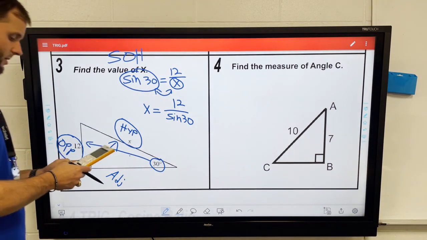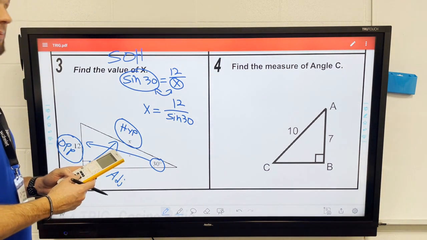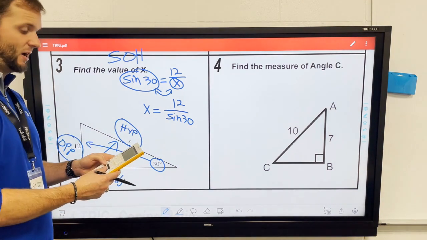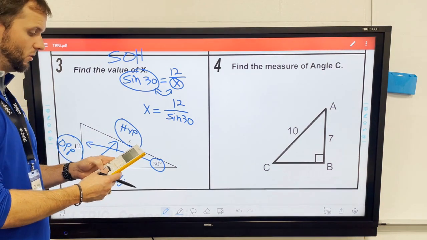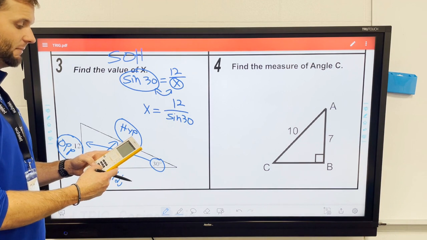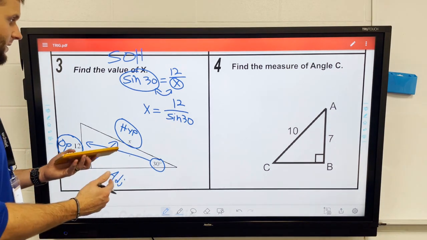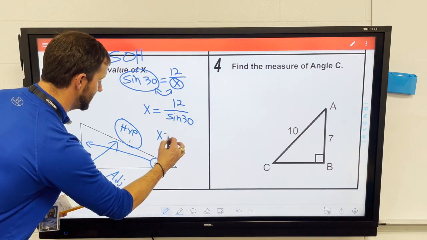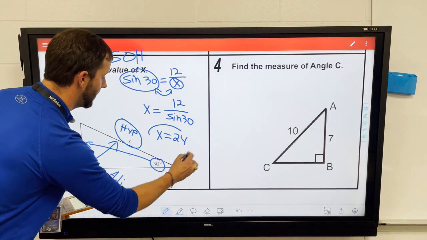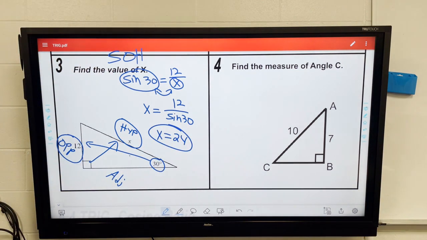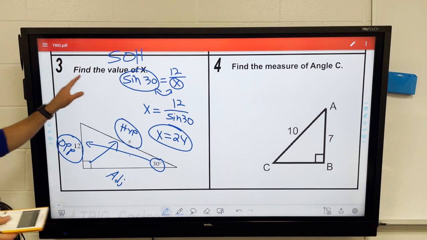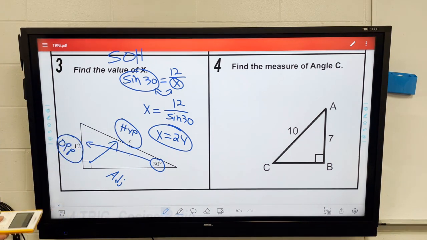I do 12 divided by, press the trig button underneath the control, click sine, and put 30 in the parentheses. So x is going to equal 24. This is how you use the sine ratio to find the hypotenuse.